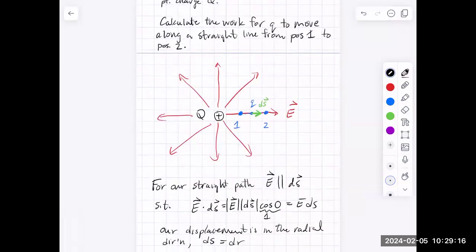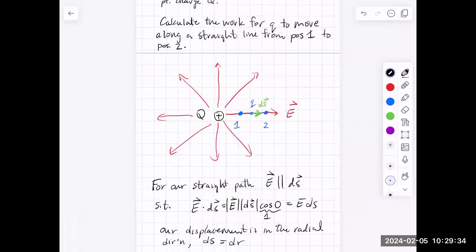When I calculate the work, I have to do the dot product of a force times the displacement. But I've just written the electric field. What's the force on charge Q in an electric field? Q times E, that's right.